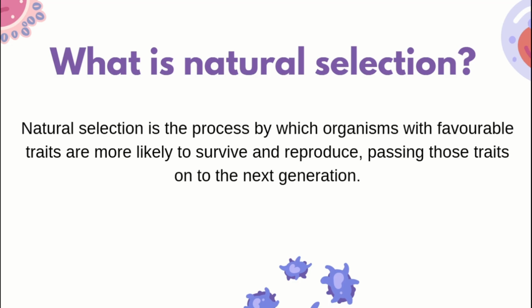So both are at the starting line, and one has longer legs. The person with longer legs actually has an advantage. That doesn't necessarily mean they will win, but they already have an advantage because they take bigger steps than the person who has short legs. So basically, that's the principle behind natural selection.